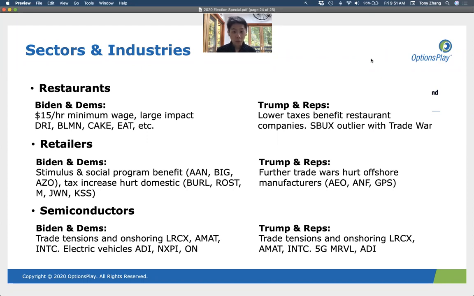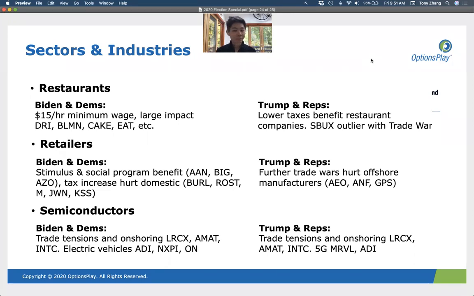They're going to hurt a lot of the names that have most of the domestic exposure. If you look at names like Burlington, Ross Stores, Macy's, Nordstrom, Kohl's, these are names that have almost 100% exposure to the US without a lot of international revenue, or in some cases zero international revenue. Those are the ones that are going to be hurt the most from a retail perspective under a Biden and Democratic victory.